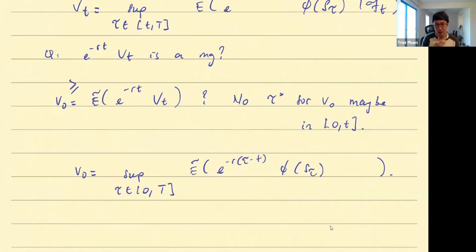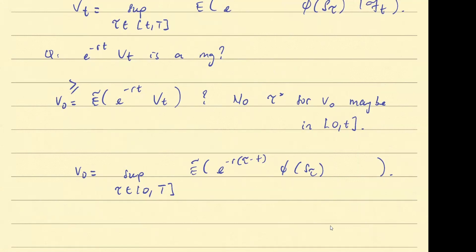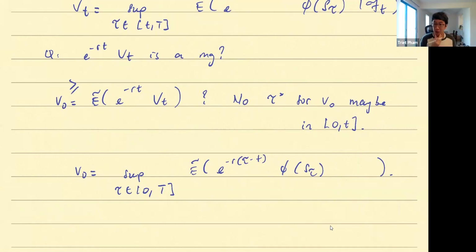I'm not sure this is a good device to remember, but super is not so super. Super is decreasing. So if you remember super is not so super, I don't know if that helps. But yes, exactly. So the discounted option price is a supermartingale. Okay, so that is the key feature of the American option.